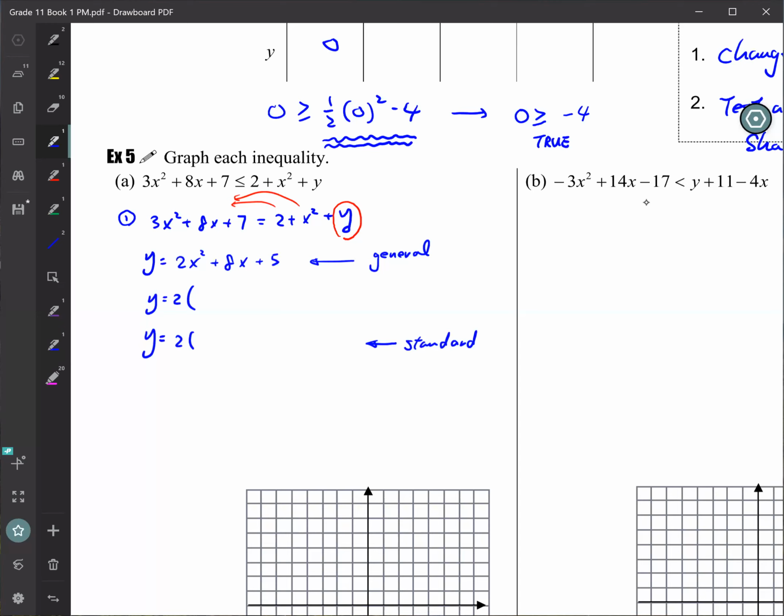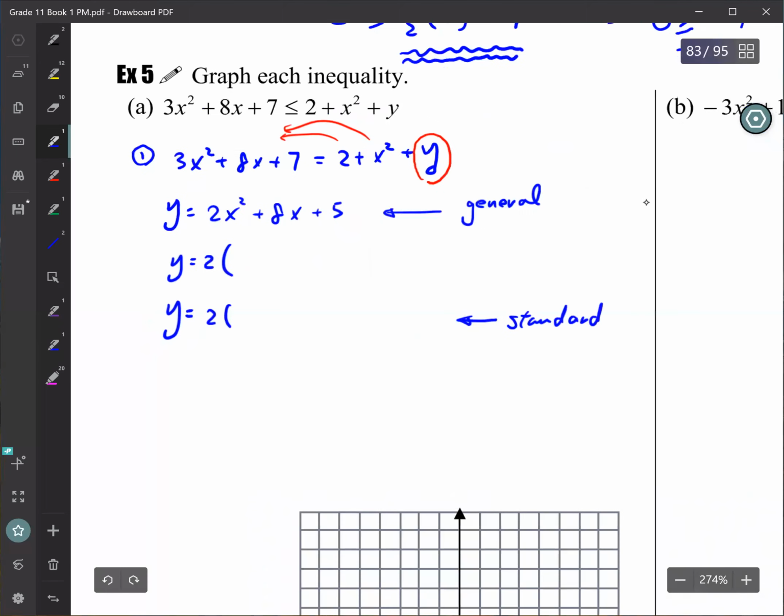Okay, let's check the steps. Elaine, can you tell us your steps? Take the 2 out and then make it into a perfect square trinomial inside the bracket.